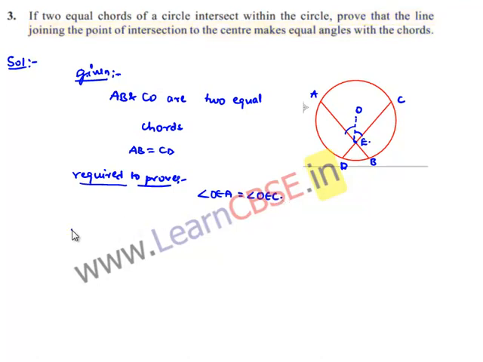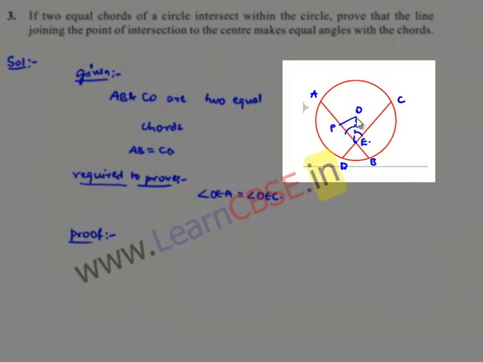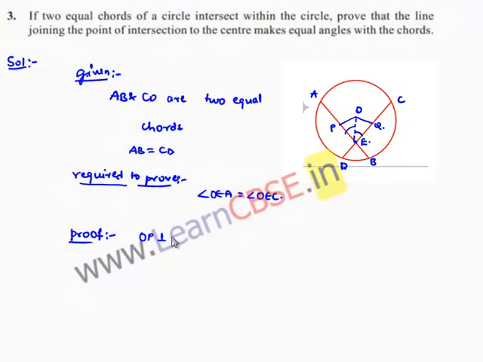Now, in order to prove that, let us draw perpendicular OP to the chord AB and perpendicular OQ to the chord CD. Now let us consider the triangles OEP and OEQ.